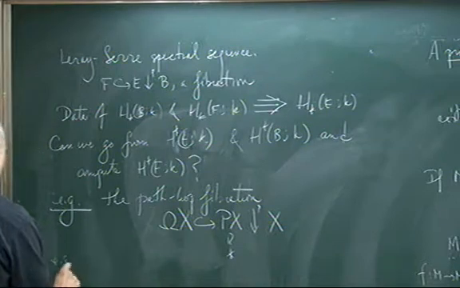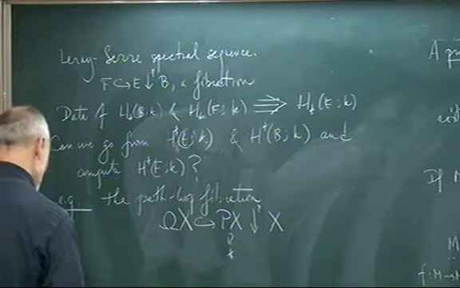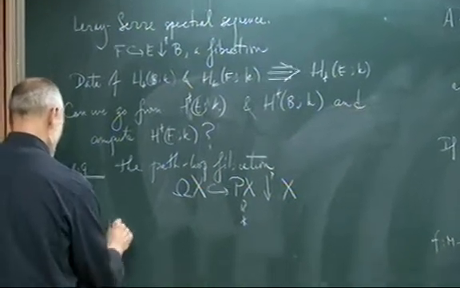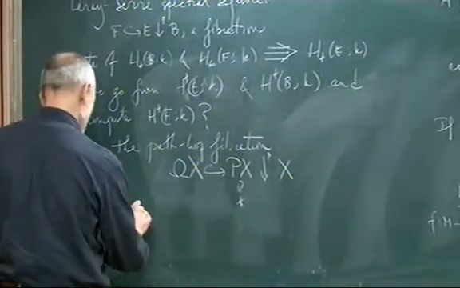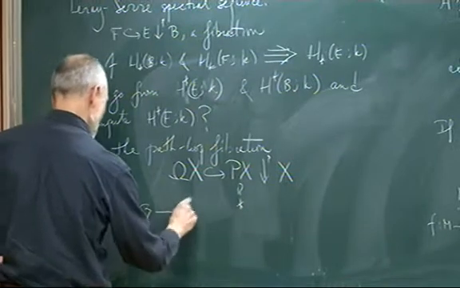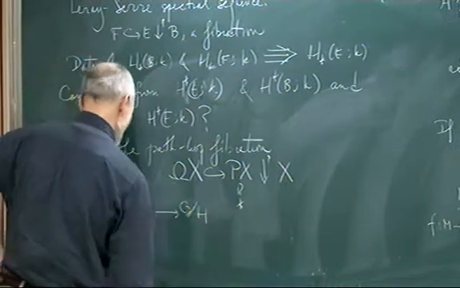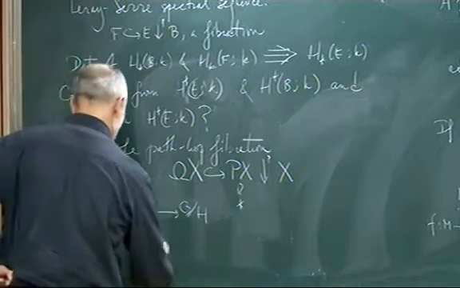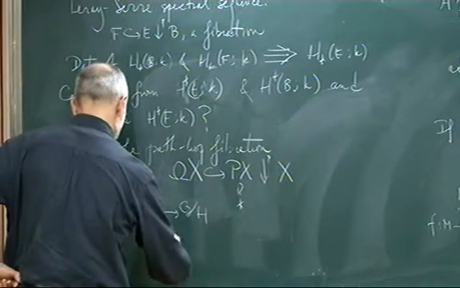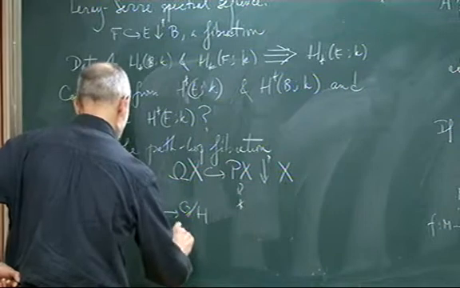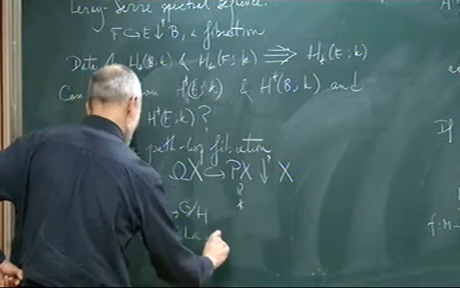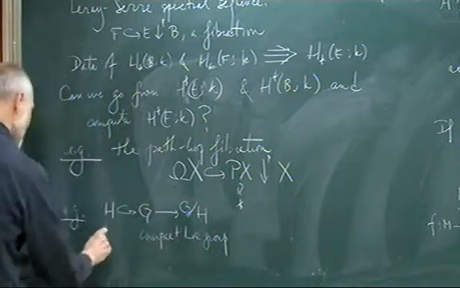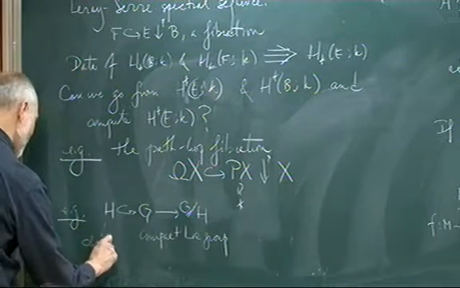Another example is the case where I have a situation like this, where this is, say, a compact Lie group, and this is a closed subgroup.